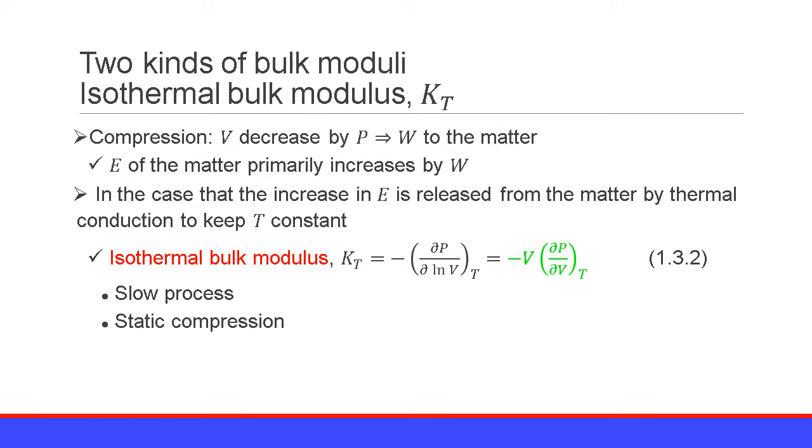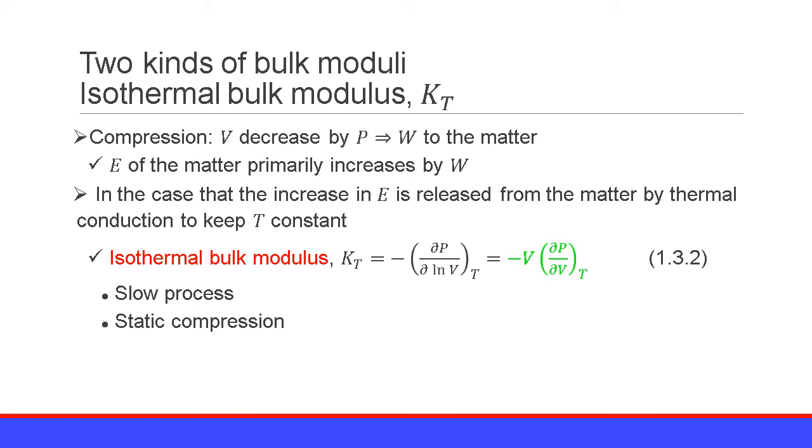As a result, the internal energy of the matter E increases by the work W. In the case that the increase in the internal energy E is released from the matter by thermal conduction to keep the temperature T constant, the bulk modulus in this situation is referred to as the isothermal bulk modulus KT, which is defined as minus V times the partial derivative of pressure with respect to the volume V at constant temperature T, equation 1.3.2. This is the bulk modulus in a slow process.